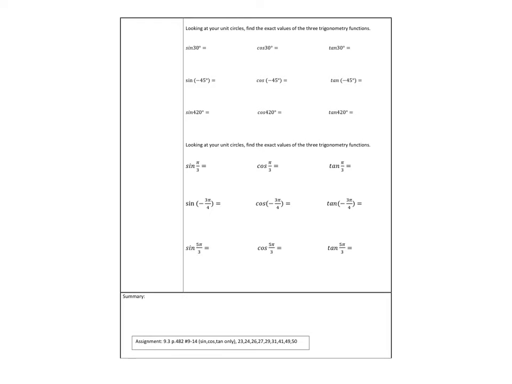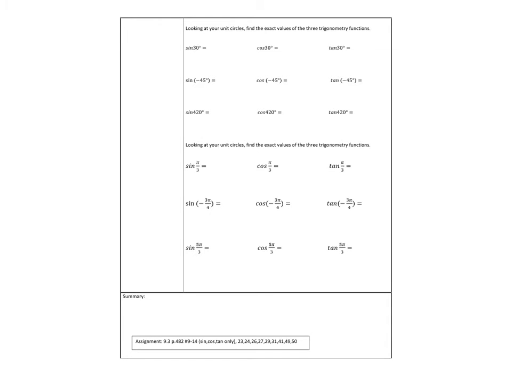And we're going to find the sine of 30 degrees. So you would want to look for 30 degrees on your unit circle. And then the sine, remember, is opposite over hypotenuse. Hypotenuse is just 1.